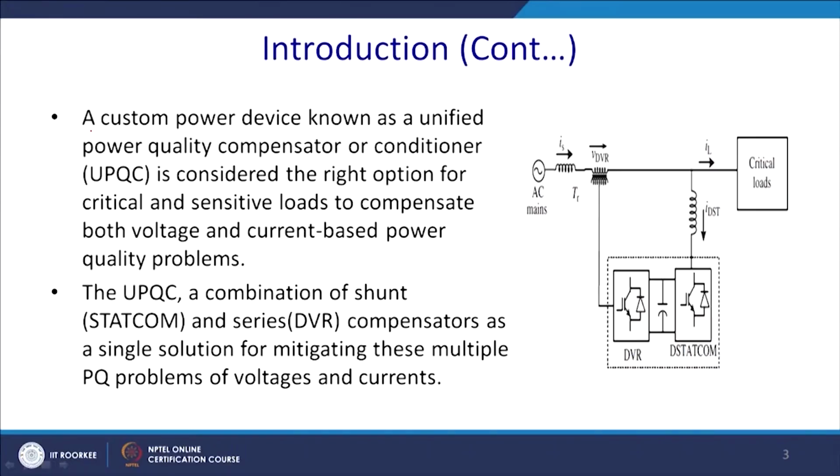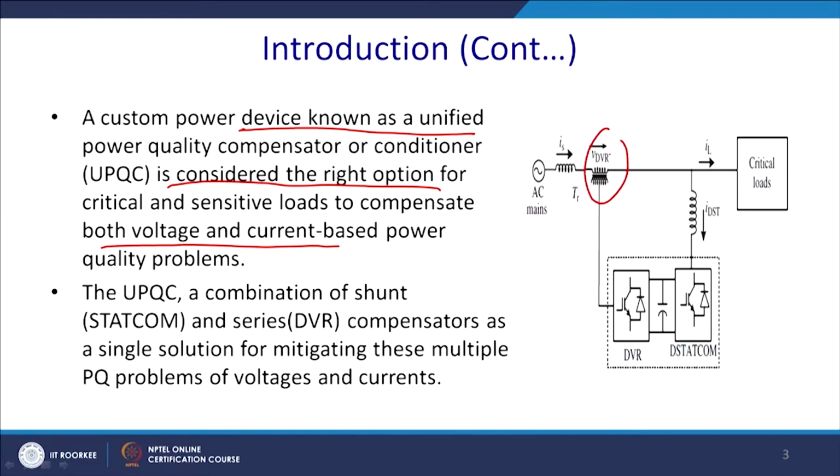The customer power device known as the unified power quality compensator or conditioner, we shall use them synonymously, is considered the right option for critical and sensitive loads to compensate both voltage and current based power quality problems.